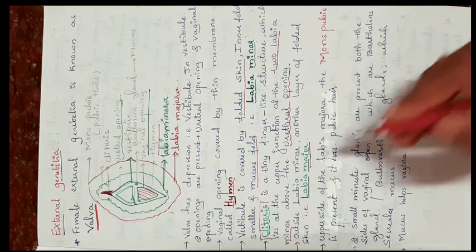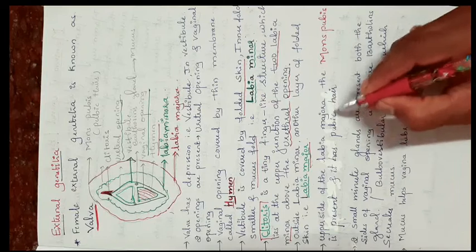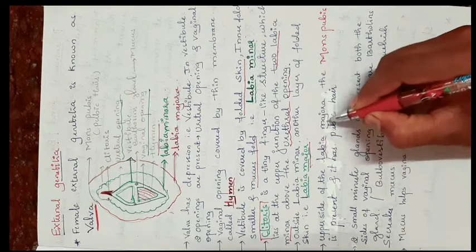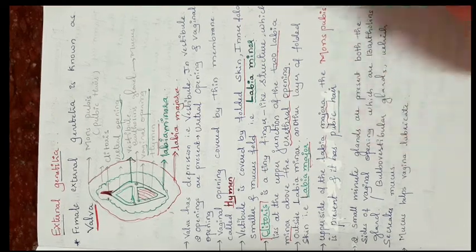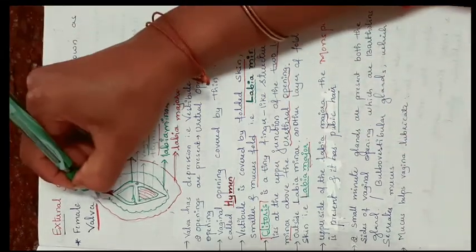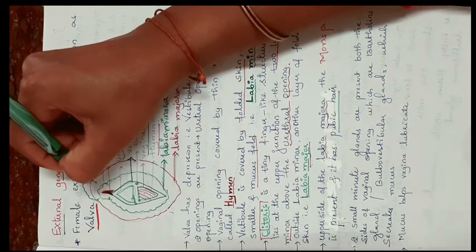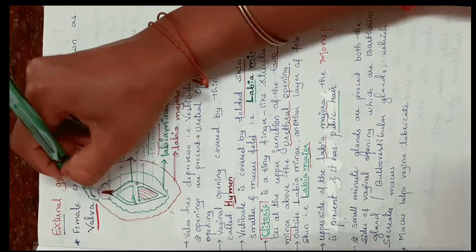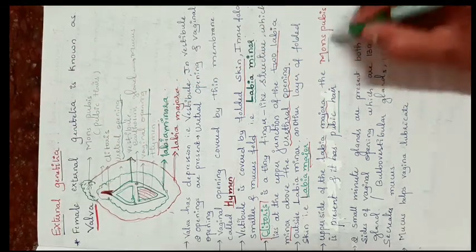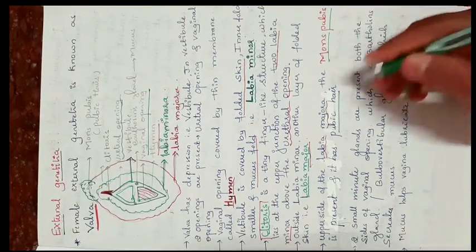Next, on the upper side of the labia majora, the mons pubis is present and it has pubic hairs. Here you can see, on the upper side of the labia majora, a tissue is present, called the mons pubis, which has the pubic hairs.